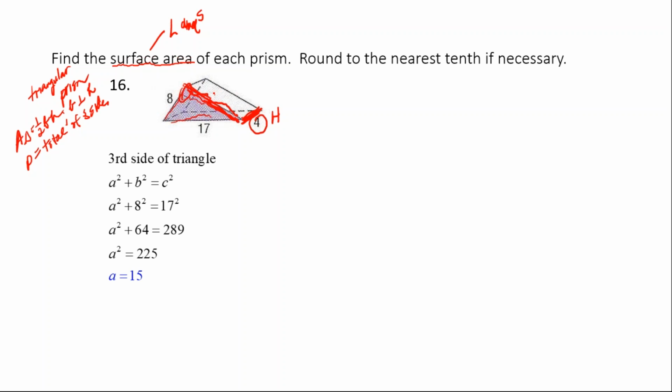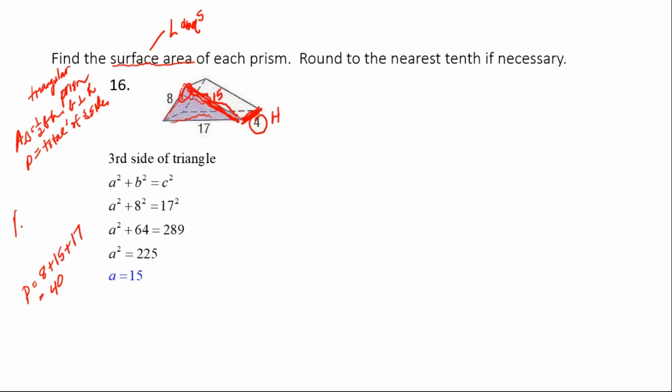So that tells me this is 15. That's 15. So I add those three sides up, I have my perimeter. Gives me 40.